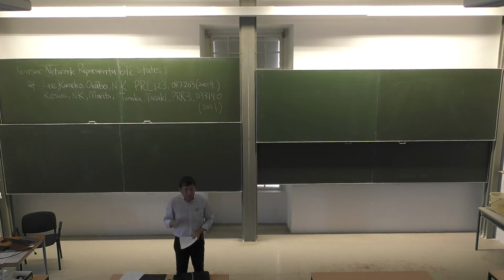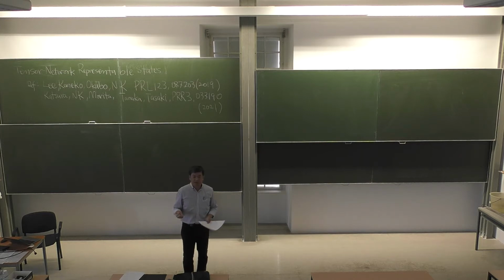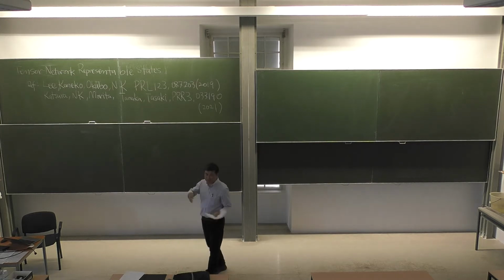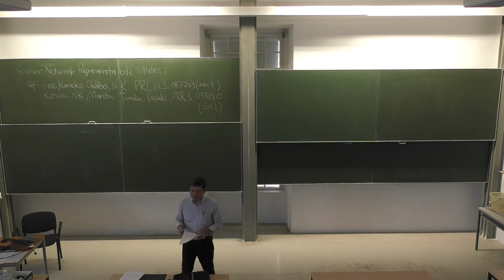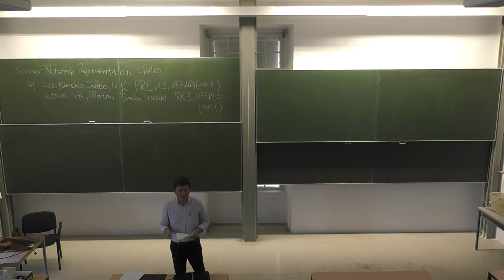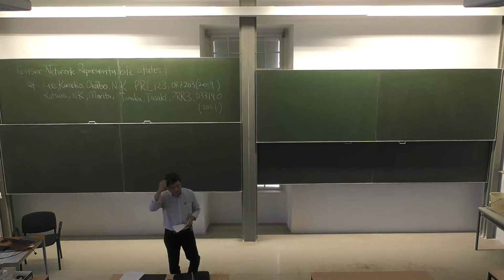So today, my plan is to draw your attention to some of the states. Of course, everybody here knows that almost all states can be represented by some sort of tensor network. But by tensor network representable states, I mean quantum states that can be exactly represented by a tensor network with finite bond dimension.